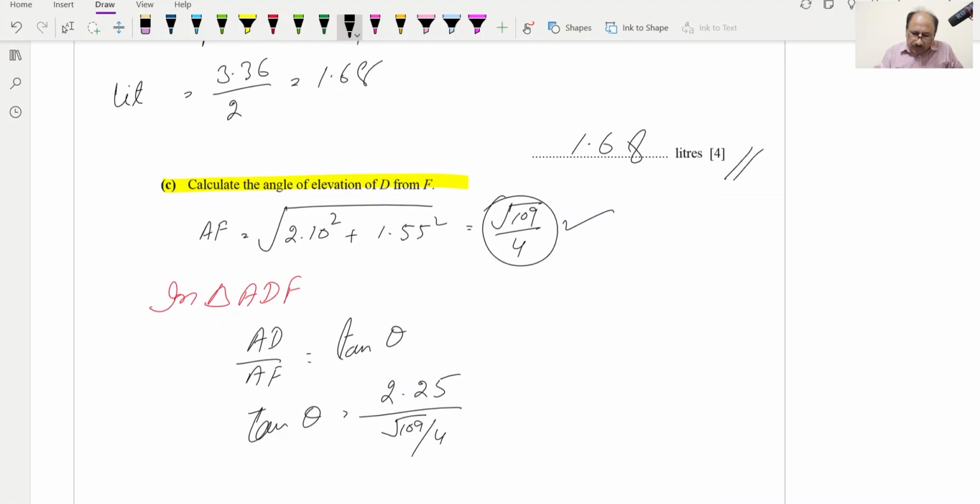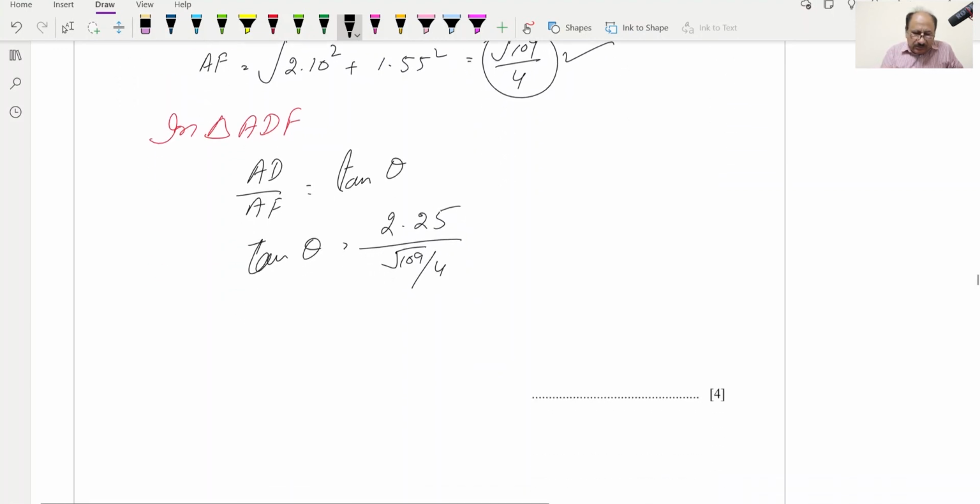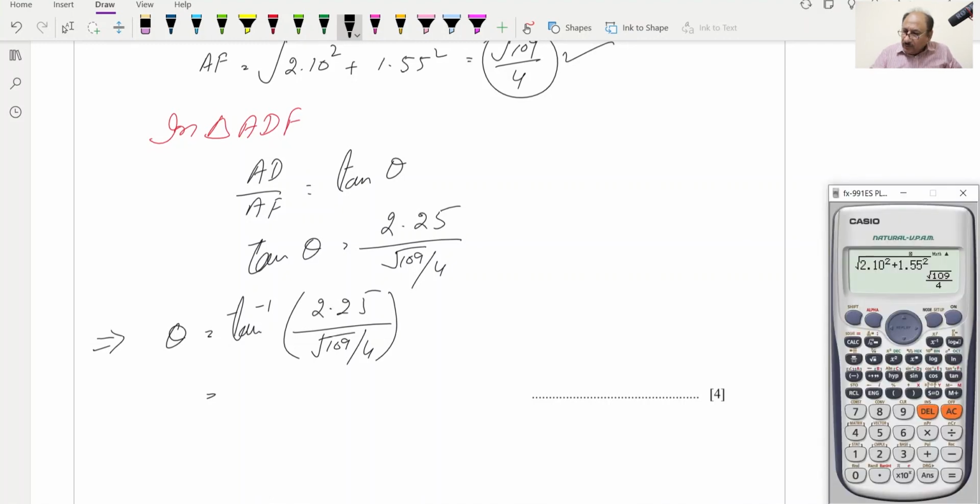And this implies theta is equal to tan inverse of 2.25 over root of 109 over 4, and we can use a calculator to find this. This will be shift tan of fraction 2.25 over, we can write root of 109.